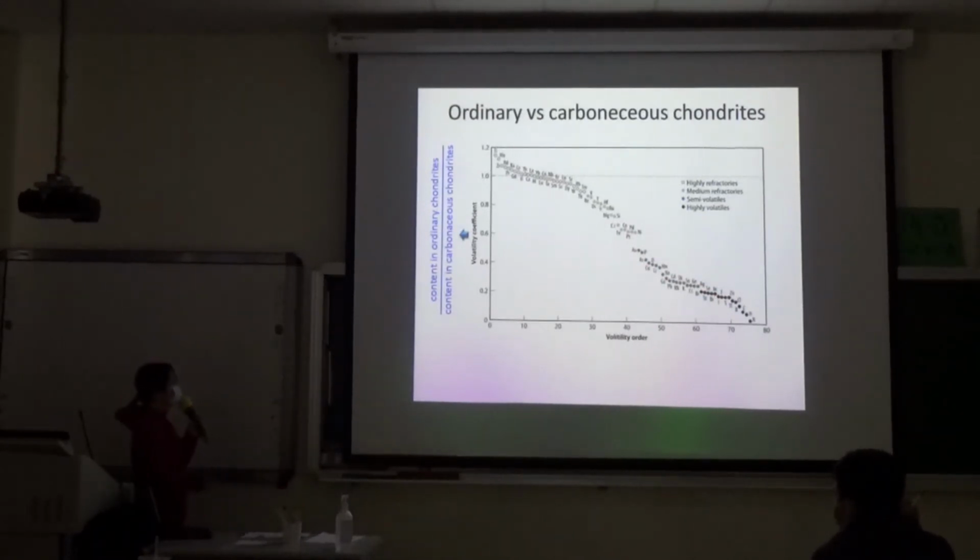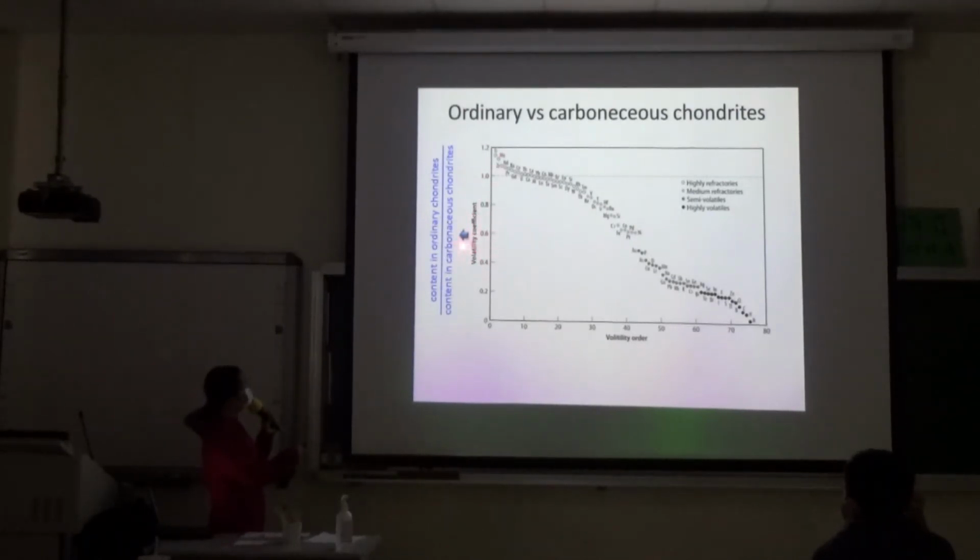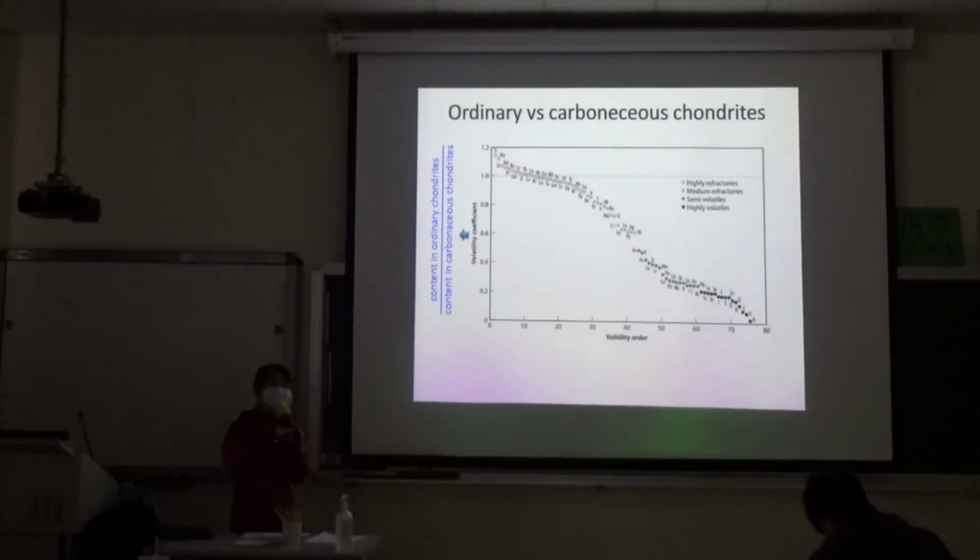And I asked the fellows what's the difference between ordinary chondrites and carbonaceous chondrites. And the answer is volatile components. Here is a comparison. The volatility coefficient is this ratio: the content of one specific element in ordinary chondrites versus its content in carbonaceous chondrites. If it's 1, that means they have equal content.